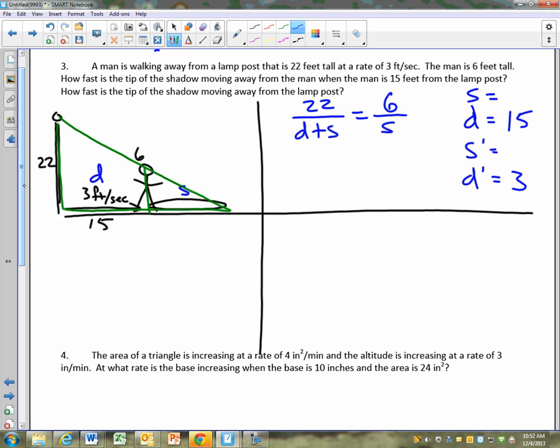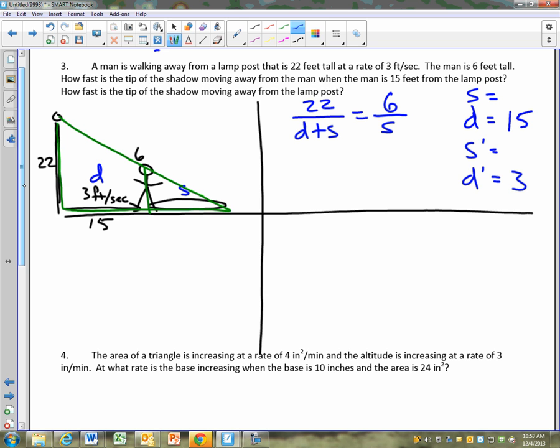What are we trying to find? S prime. Do we know S? Do we know the current length of the shadow? If we wanted to, could we find it out? Maybe we won't need to. Okay? If we needed to, we could figure it out. Okay? But we don't need to right now. So that's our equation.